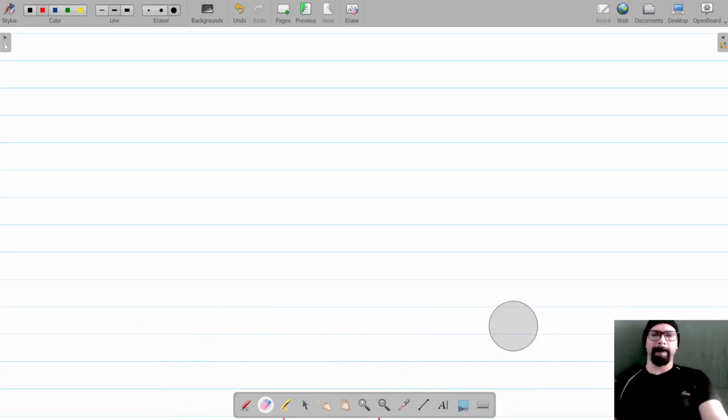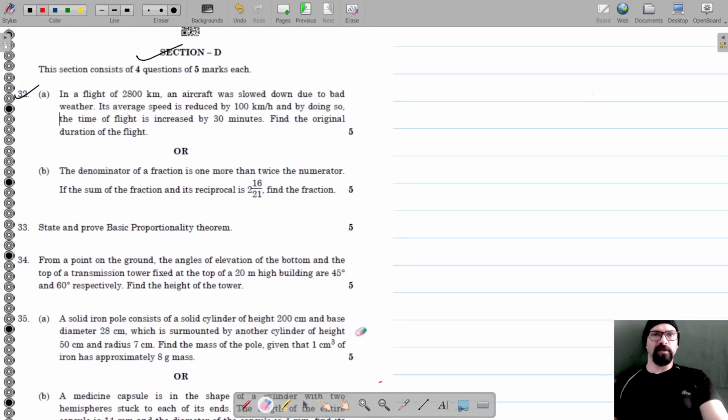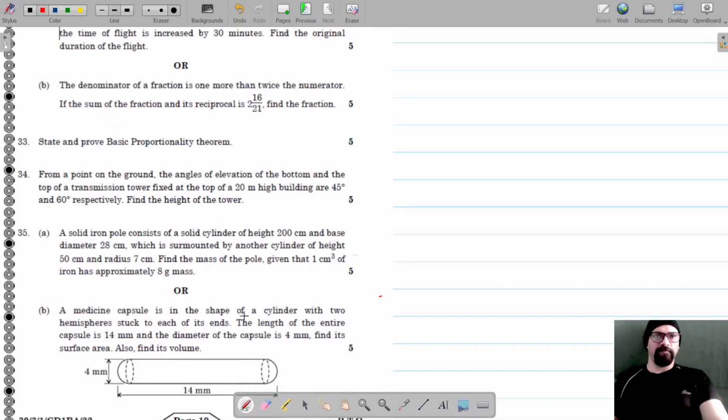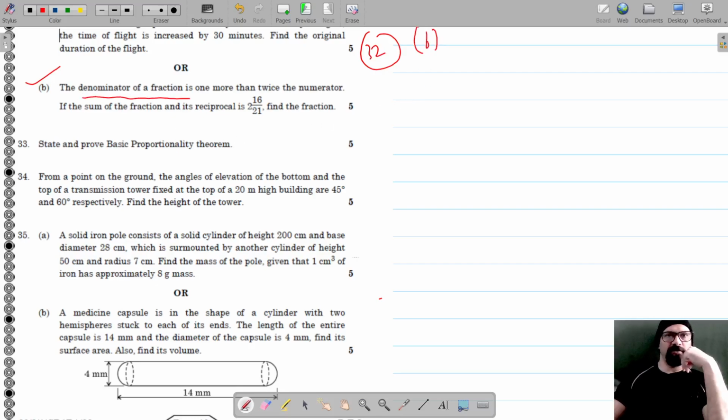Okay, so this is part B of question 32. The denominator of a fraction is one more than twice the numerator.